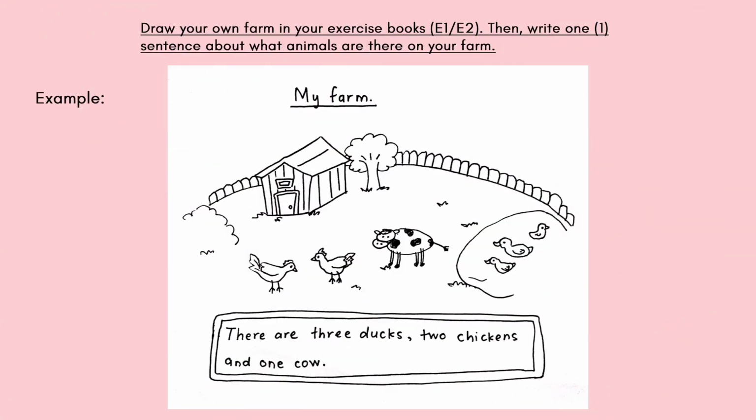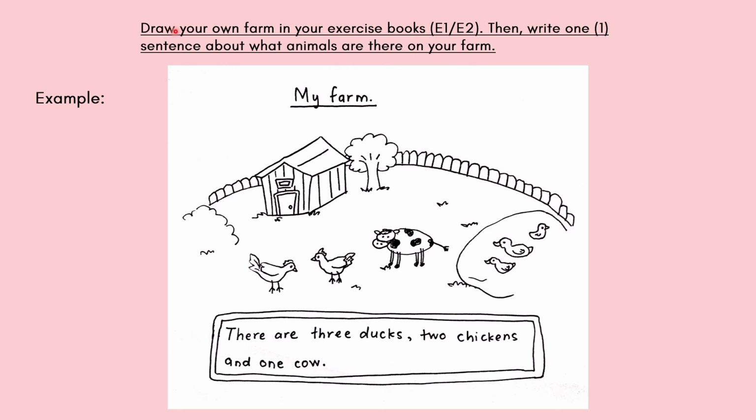Alright, so this is the second task. For the second task, I want you to draw your own farm in your exercise books, E1 or E2. And then write one sentence about what animals are there on your farm.